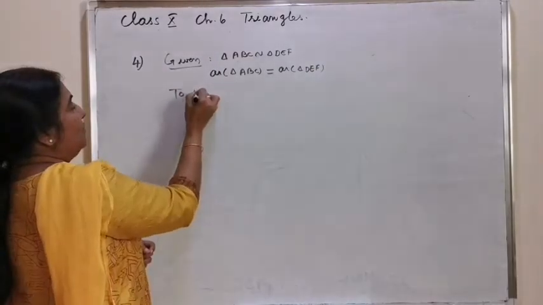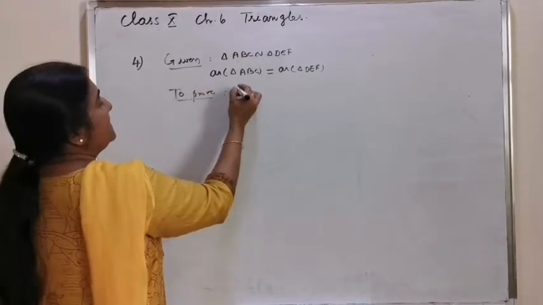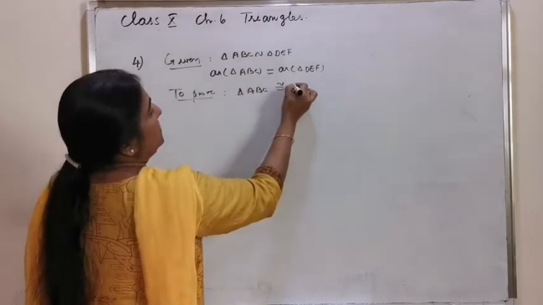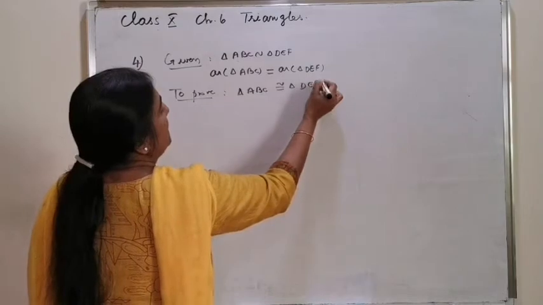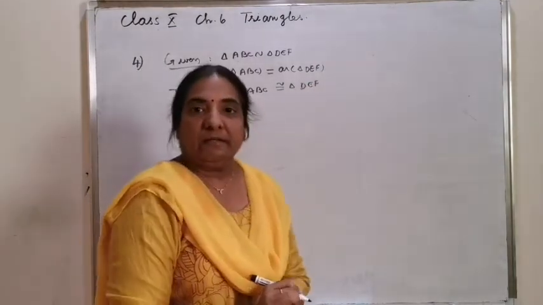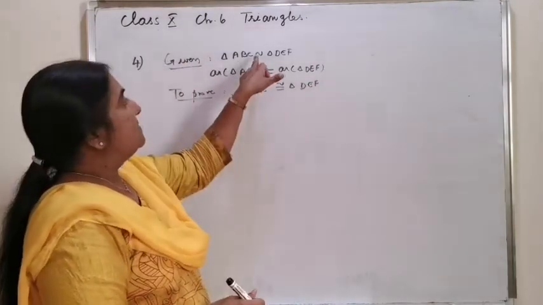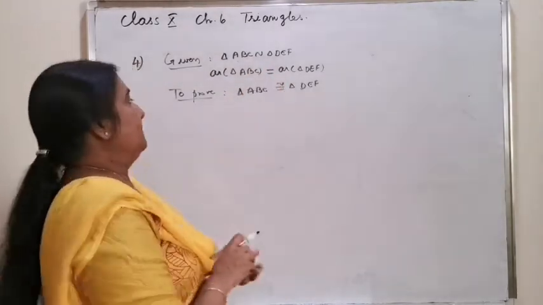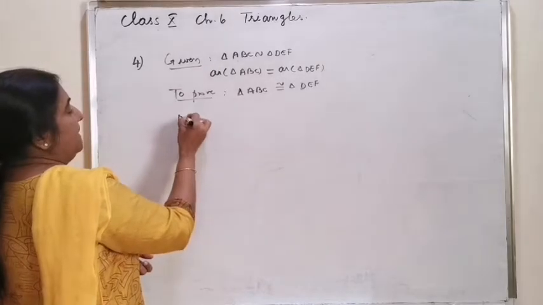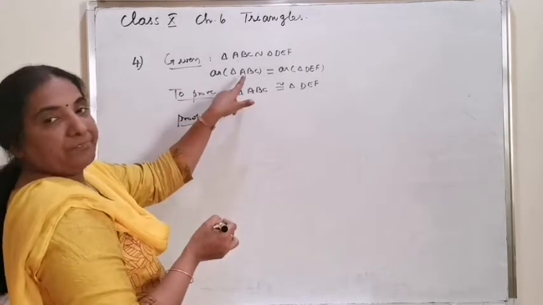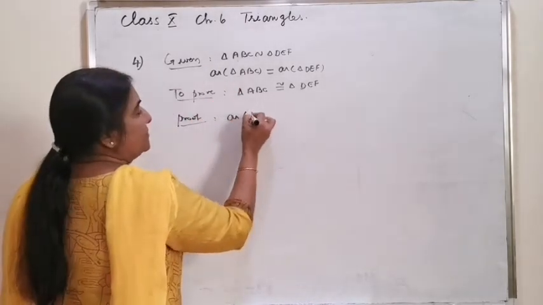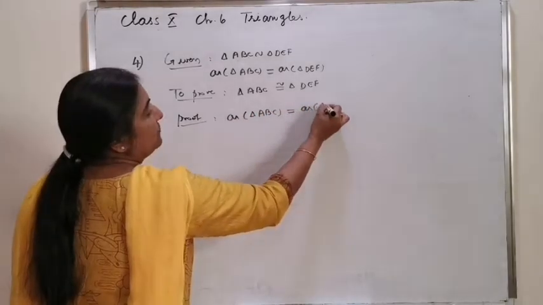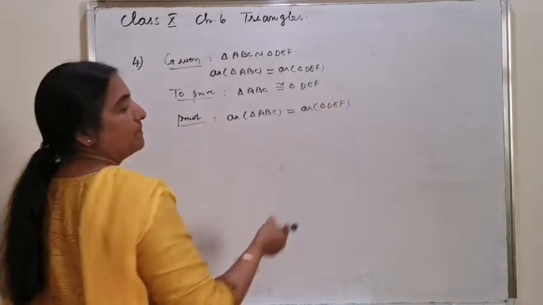What is to prove is that triangle ABC is congruent to triangle DEF. Now, the given conditions are that the triangles are similar as well as the areas are equal. Proof. Let's start with the given condition. Area of triangle ABC is equal to area of triangle DEF.